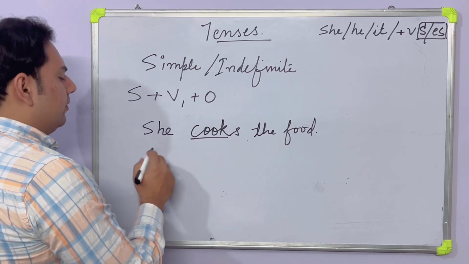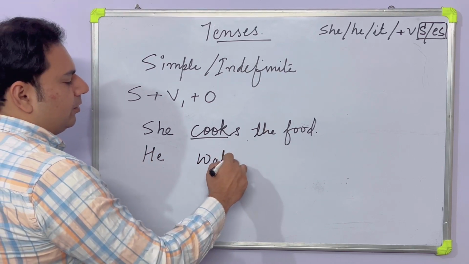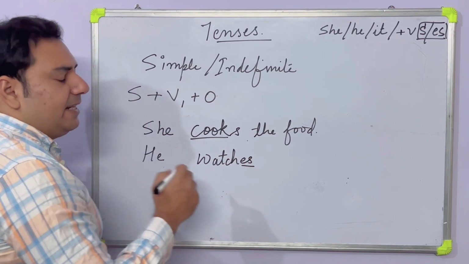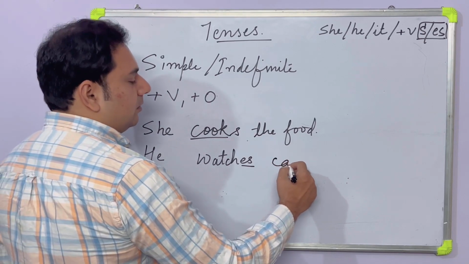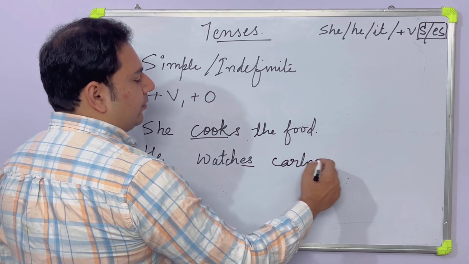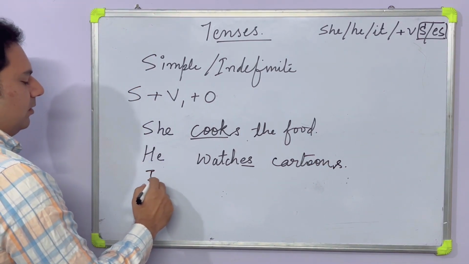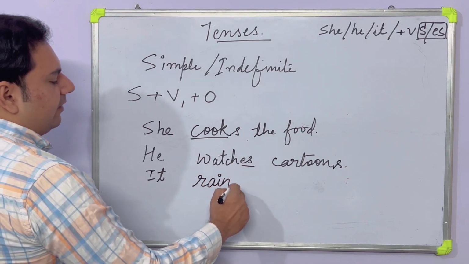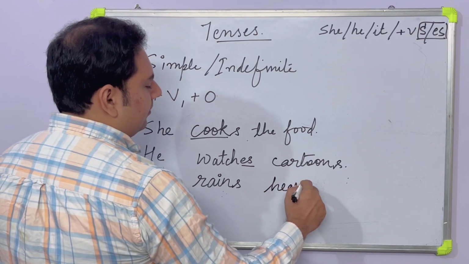She cooks the food. He watch: this watch will become watches. I will just add es in this, and she watches cartoons, or anything. It rain: this rain will become rains. It rains heavily.